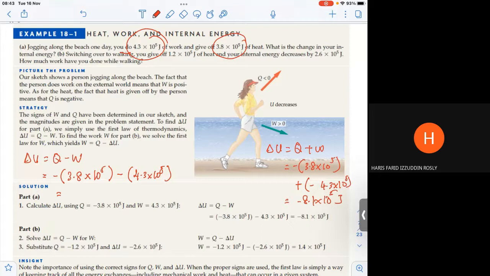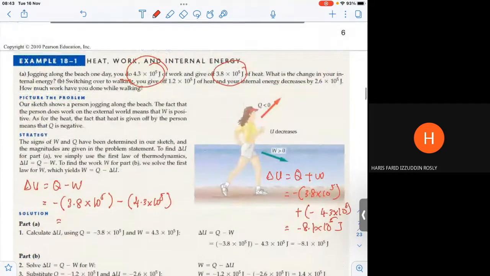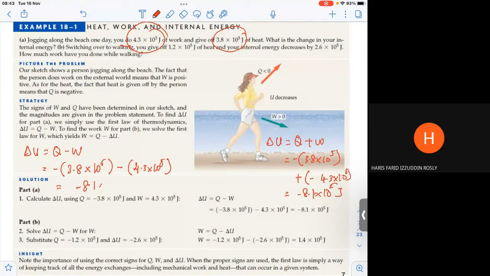You need to focus on the wording: either you do the work, or the environment did the work. So here we can also obtain negative 8.1 times 10 to the power of 5 joules.